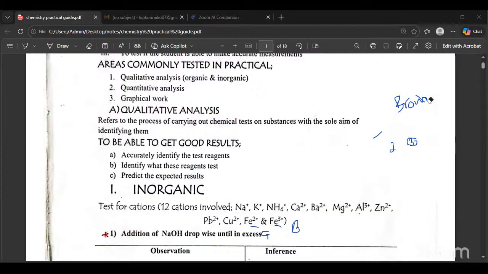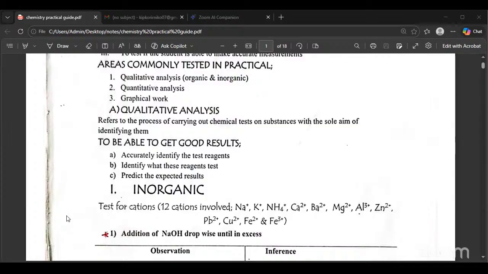Actually, rust is iron 3. We are just reminding ourselves, but if you have forgotten, or gotten confused in the practical session, especially when you're talking about iron 2 and iron 3, look outside. I know where you'll be doing an exam, there is a house that is rusted. Remember what color rust was.